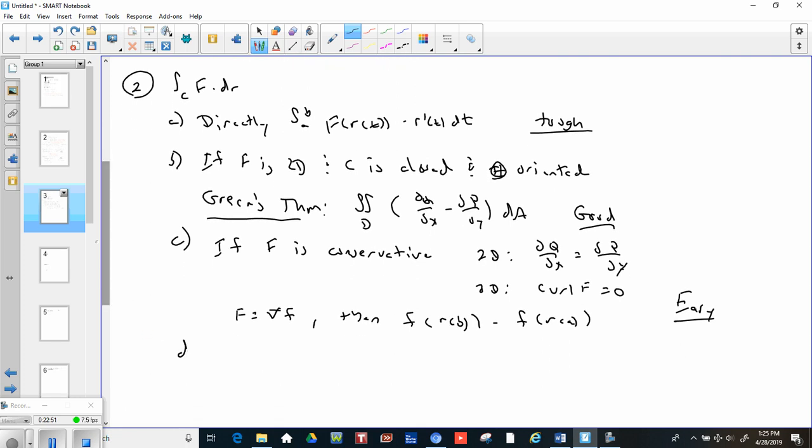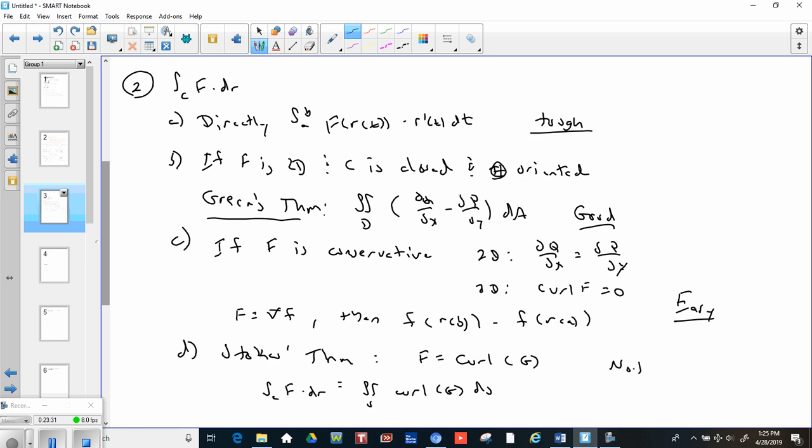And then D, you can do Stokes' theorem. Which again says that F, we're going to use slightly different notation here, would have to equal some curl of G. So what that says is you would take the line integral of F dot dr, which would equal the double integral over S of the curl of some function G dS.